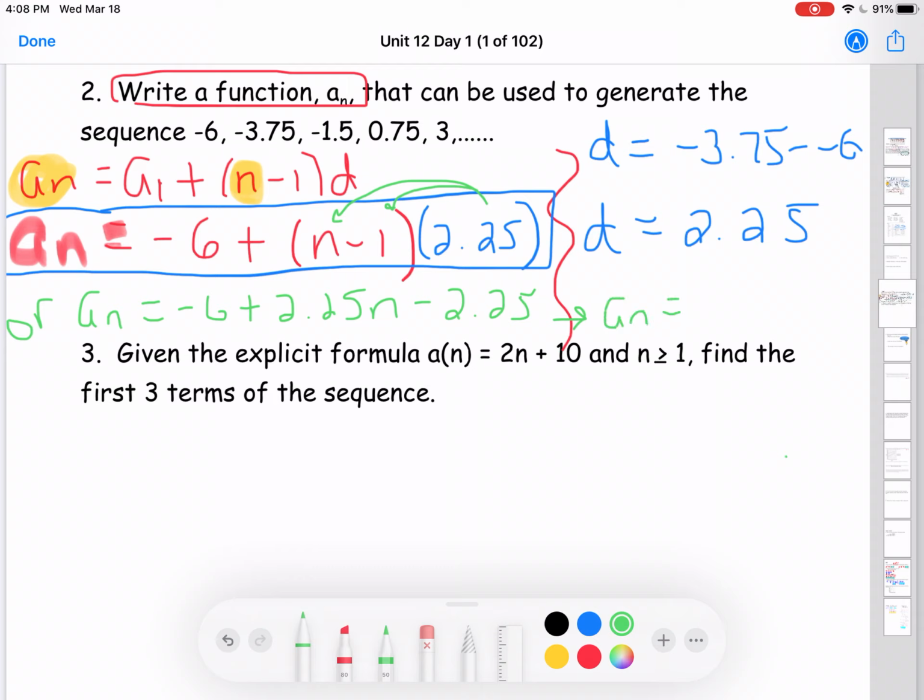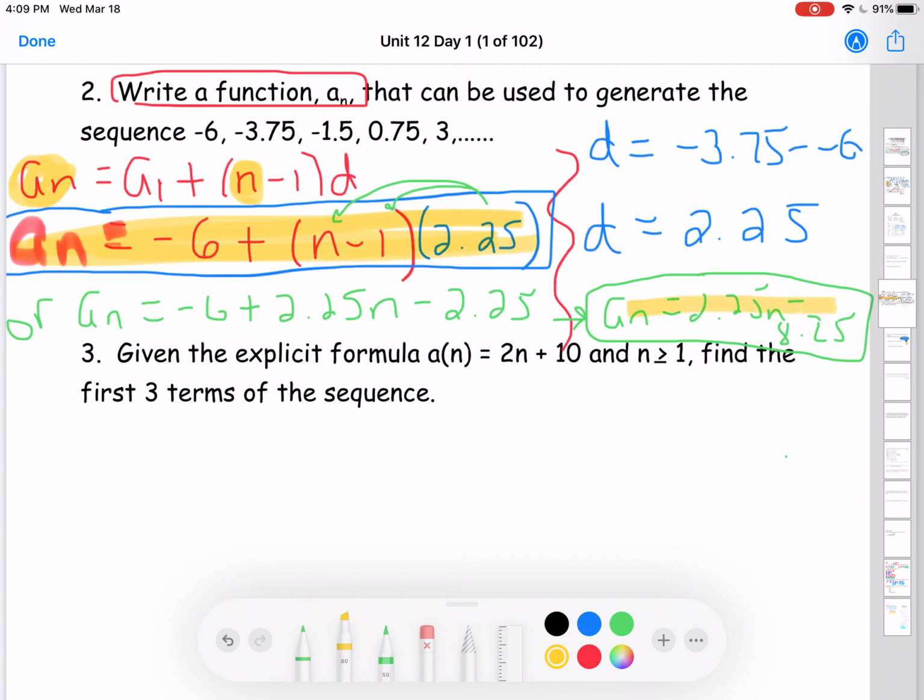Combine like terms, and my answer could be 2.25n minus 8.25. Sorry guys, I'm trying to get used to this. I'll try and be a little less sloppy as we go along. So this could be an alternate form, but this one here, this is sufficient. This is good, unless it says in simplest form. Or if it's multiple choice and you don't see your answer, then this one could be it.